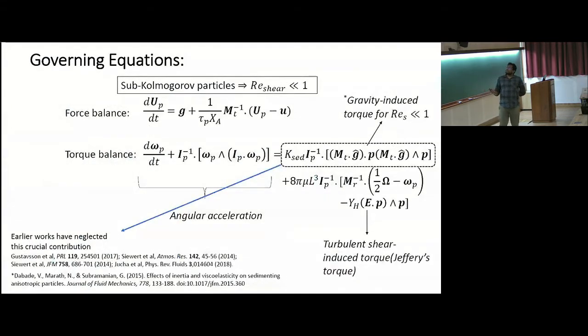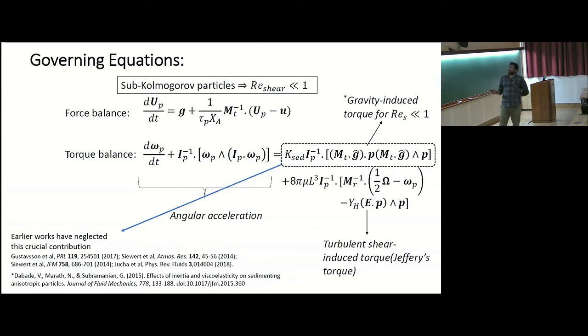Since the particles are sub-Kolmogorov, the Reynolds number based on the shear rate is by definition less than 1. The particles are acted upon by the Stokes drag in addition to the force due to gravity, and this is the force balance.